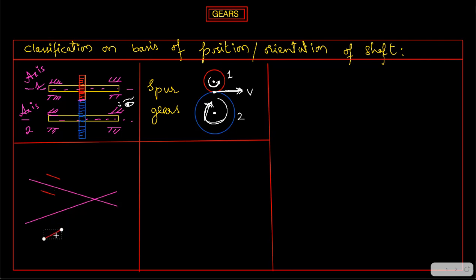Fine. So this is the axis of the gear, and then we draw the gear itself. I have drawn this gear a little larger, the lower gear. Fine.